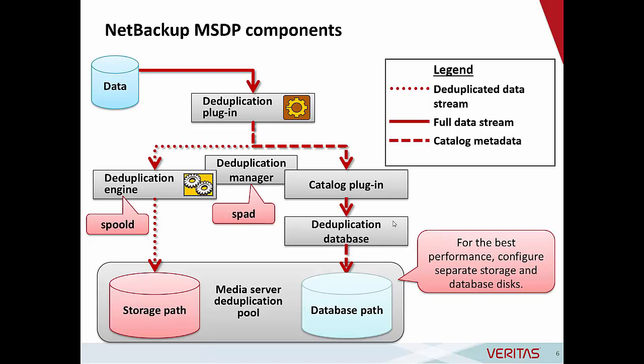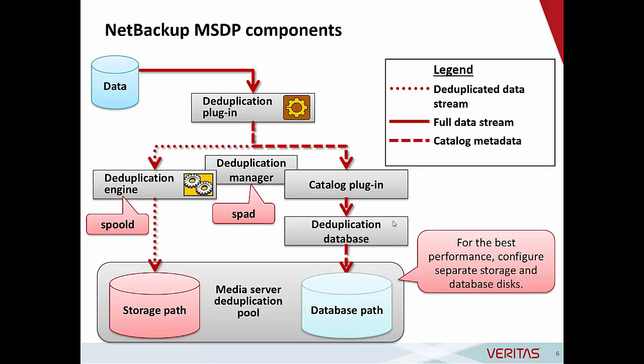When you do a build-it-yourself MSDP pool, you will usually have one volume for storage and one volume for the database. In recent releases of NetBackup, we have allowed multiple storage volumes to allow for greater size of MSDP pools. The build-it-yourself pools can get up to 96 terabytes in size.